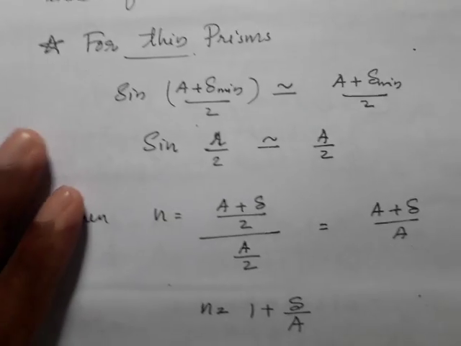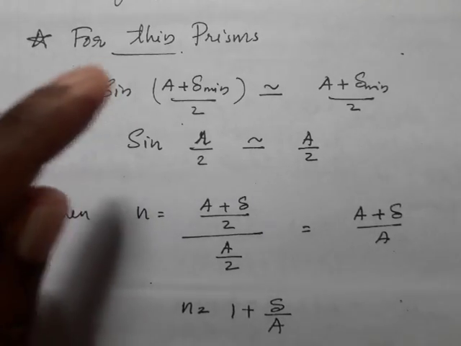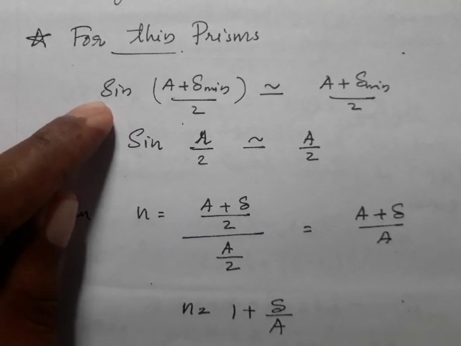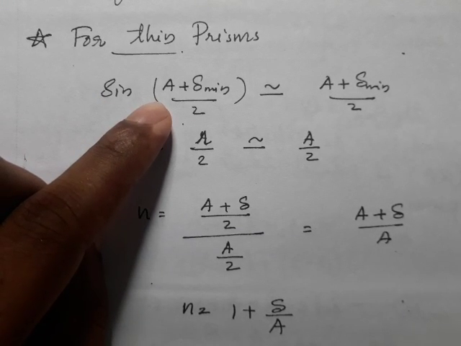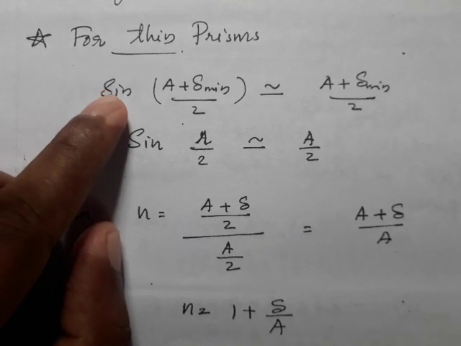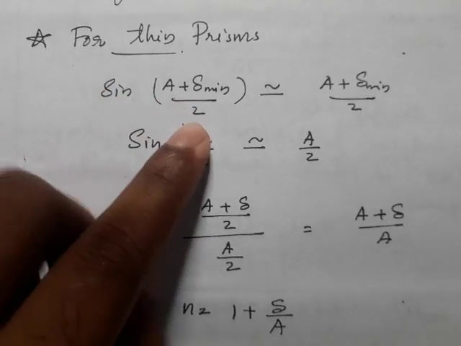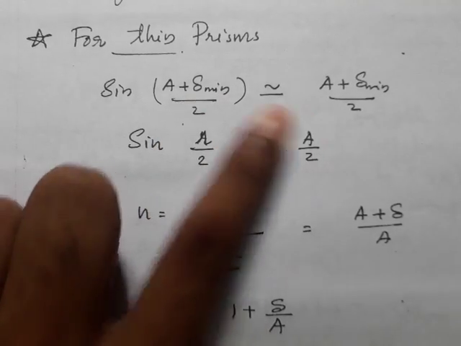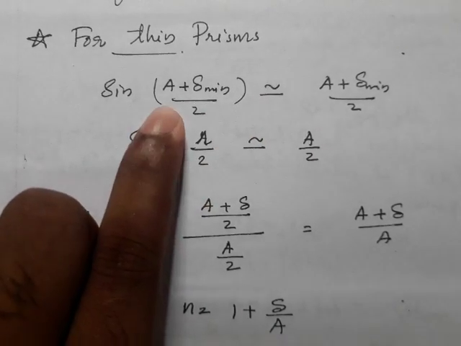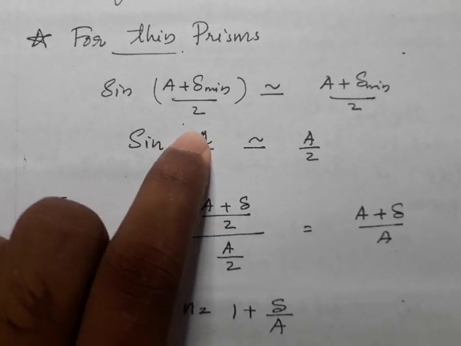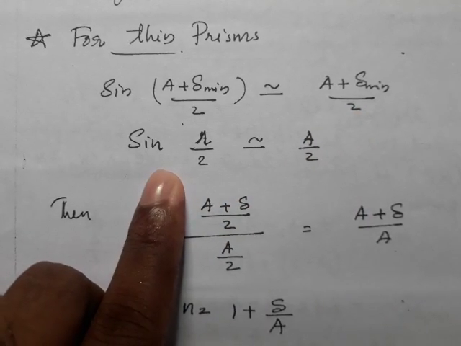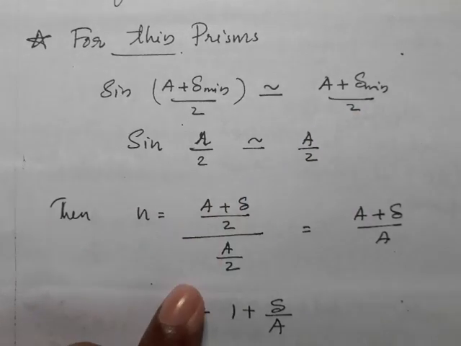We have a special case here. For thin prisms, very thin prisms, we can consider these angles are very small. All the angles will be very small. So in that case, sine theta is nearly theta. Sine of A plus delta minimum by 2 can be written as just A plus delta minimum by 2, and sine A by 2 we can write as A by 2.